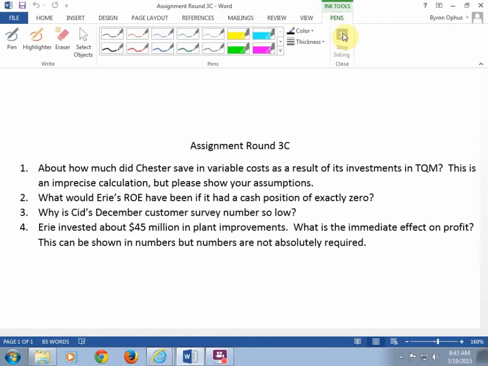What is ROE? Return on equity. What's return on anything? Net income divided by the anything, right? So in this case, it's net income divided by equity. Paying out $20 million in dividends has zero effect on net income. So what's it going to affect? That's what you need to know to calculate that.